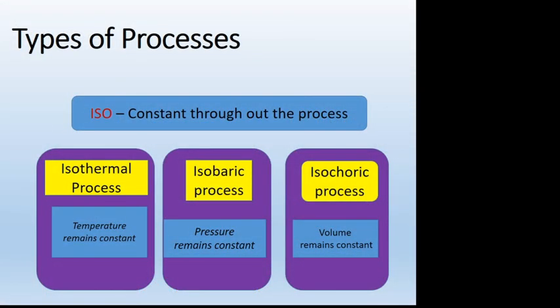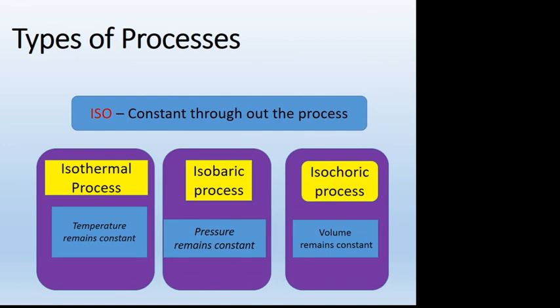Now if you take process, there are different types of process. One, we can call it iso. Iso means constant throughout the process. When you take the word iso, you can say that there are three types. One is isothermal process, one is isobaric process, and one is isochoric process. Isothermal, constant thermal property, that is temperature remains constant throughout.